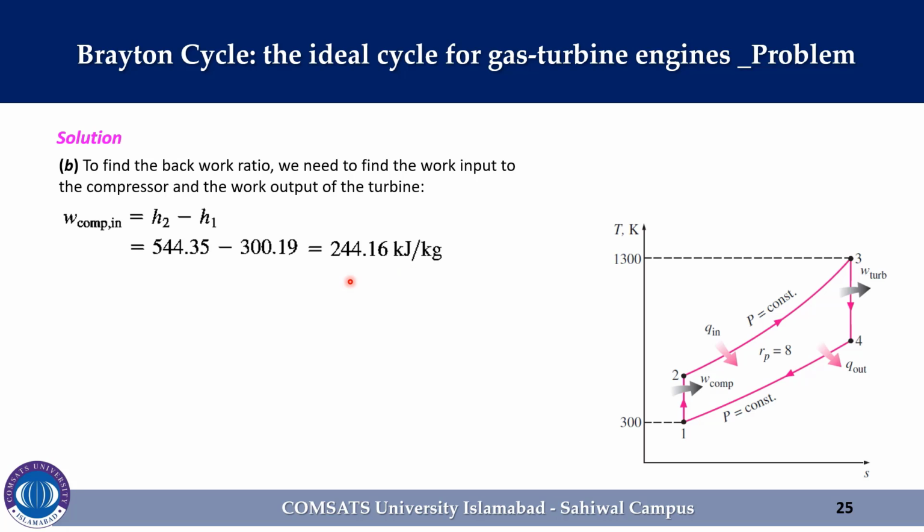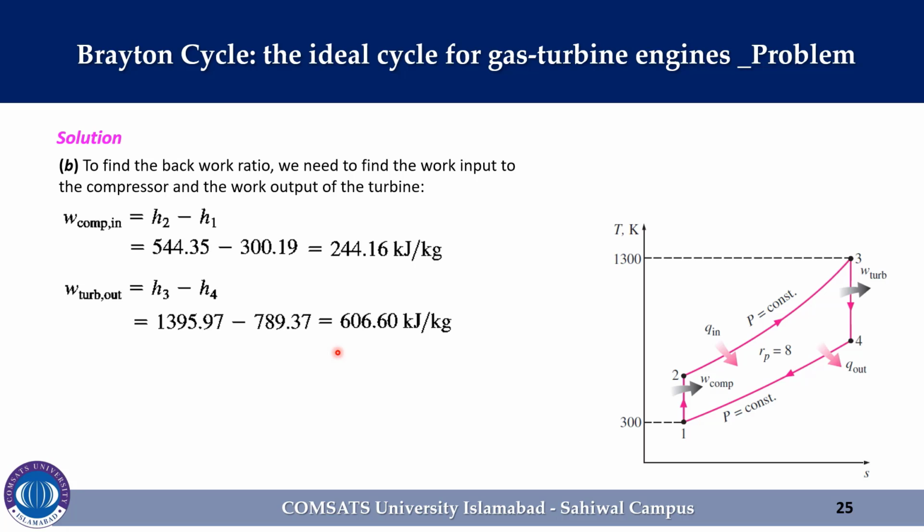We also know that the expression for W turbine or W out can be expressed as H3 minus H4. We also have the values of H3 and H4 that are 1395.97 and 789.37 respectively. So after putting the values, W out will be 606.60 kilojoule per kg.